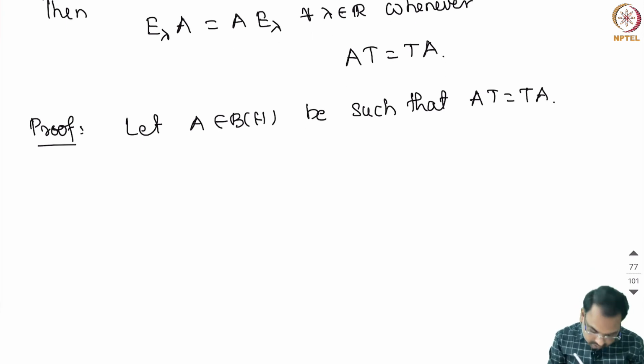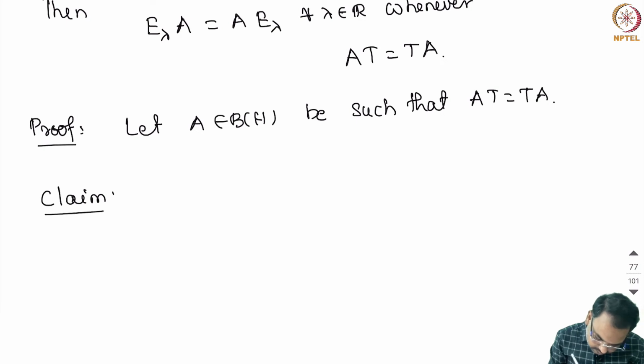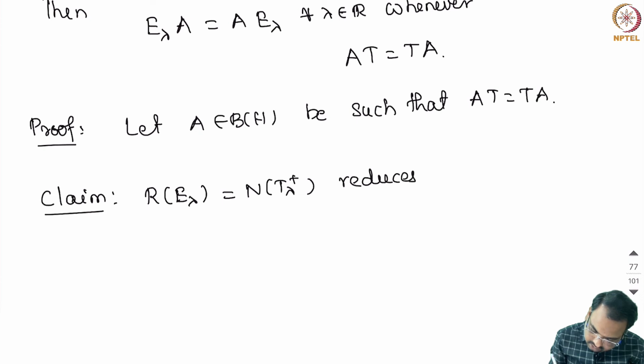We want to show that the range of E lambda, that is the null space of T lambda plus, reduces A.